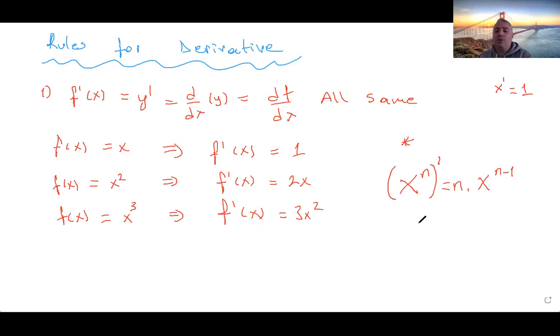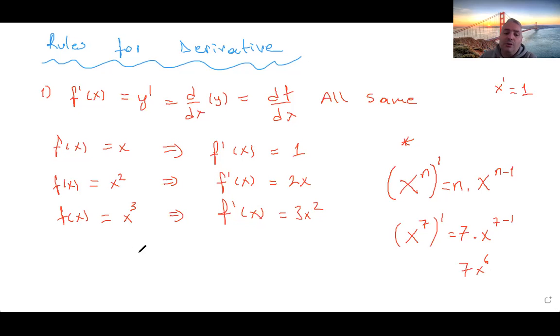This is our rule. So if I ask what the derivative of x to the power of 7 is, the answer is very simple. 7 times x to the power of 7 minus 1, so 7x to the power of 6.